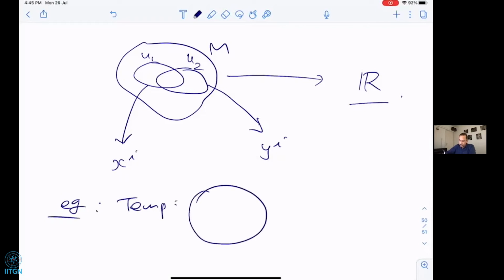It takes the Earth via the temperature function to R. Some subset of R, that's all right, but it's R basically. So that temperature function takes a location like Pune and returns something like 22 degrees centigrade. It takes another point and returns another number. That's how functions work. So here's an example. So we are going to look at such functions.